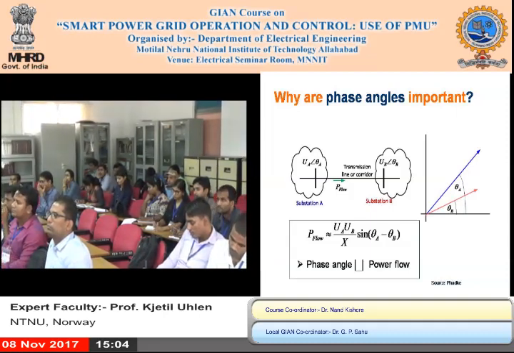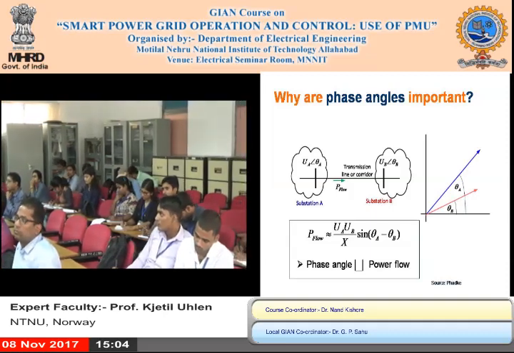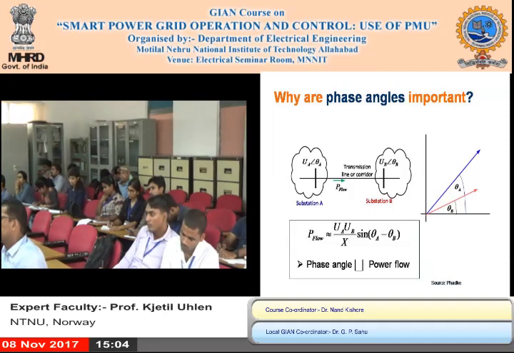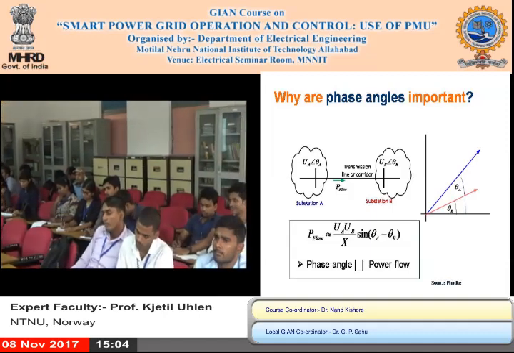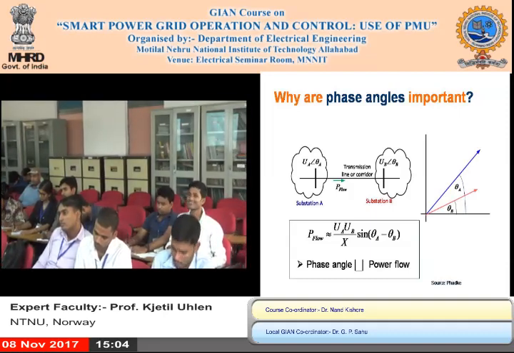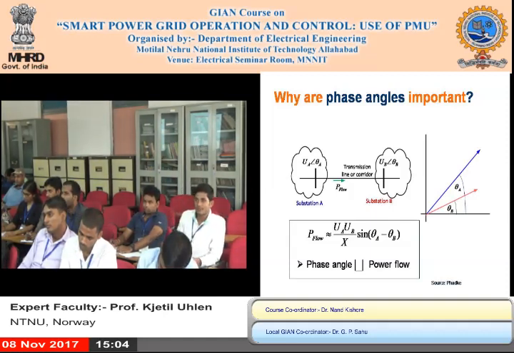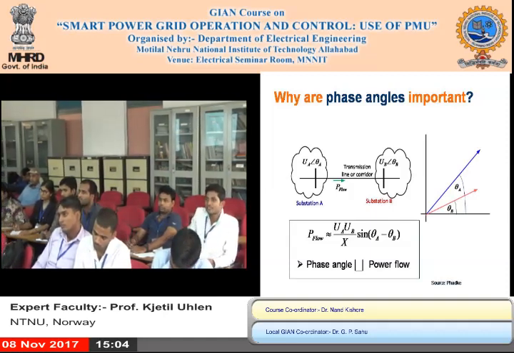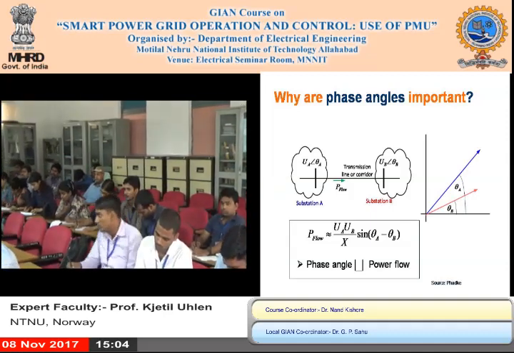And the simplest way of explaining that is to just look at the power transfer on an AC line, where the power flow is more or less proportional to the voltage angle difference between the two nodes. So too large angles is critical.